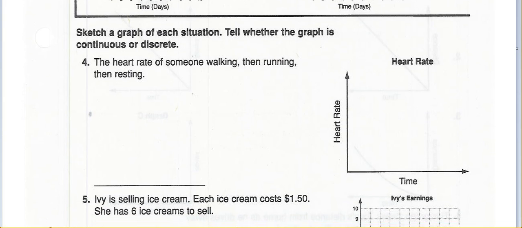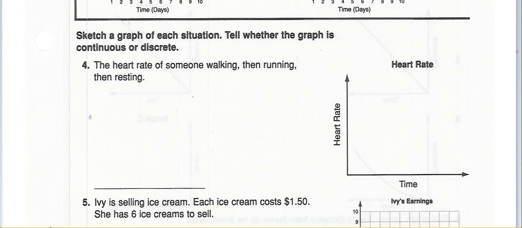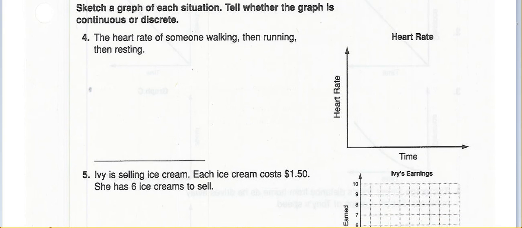This first situation, it says, sketch a graph of each situation. Tell whether the graph is continuous or discrete. Okay, so this first one says the heart rate of someone walking, then running, then resting. Well, let's think about what our heart does when we walk. When we walk at a good pace, our heart rate is going to slightly increase.